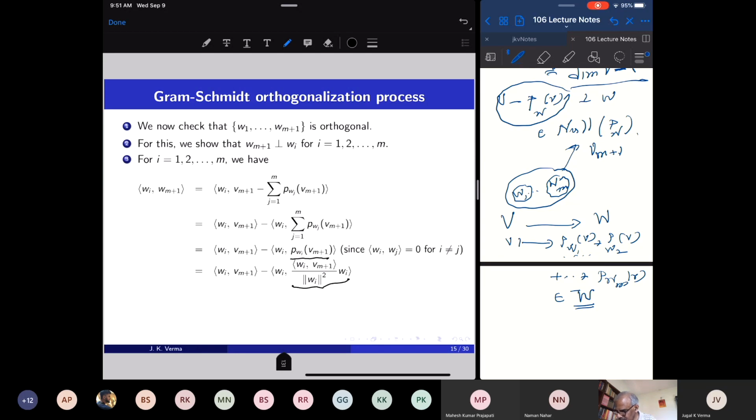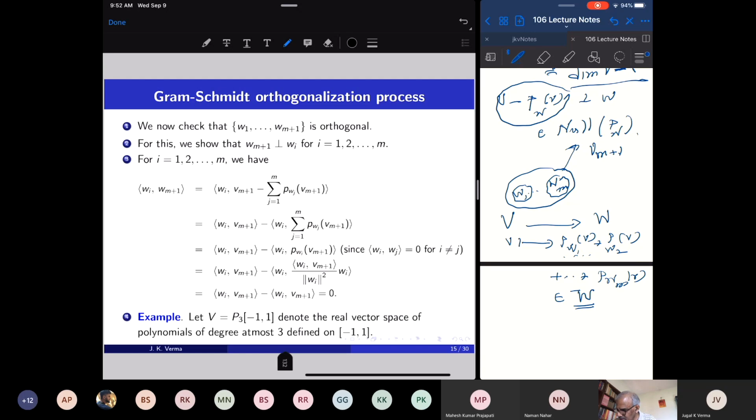Inner product is linear in the second coordinate, so this number comes out, and I'm left with Wi inner product with Wi, which is equal to the square of the length of Wi, and I'm left with Wi inner product with Vm plus 1, and therefore it is equal to 0.